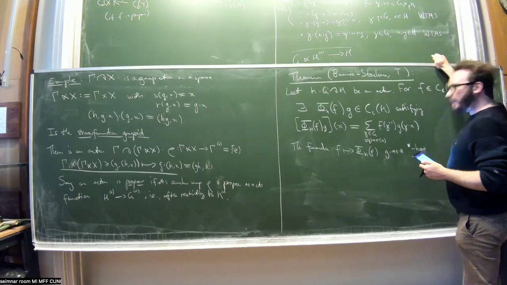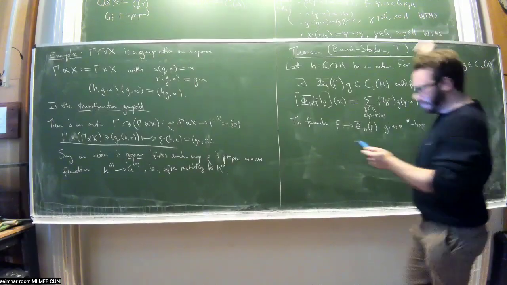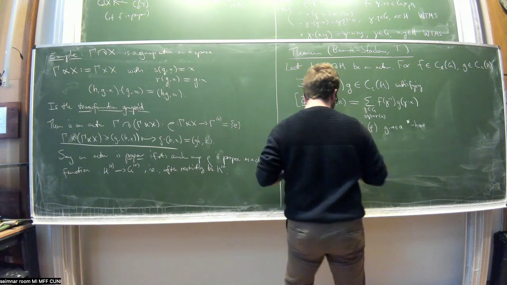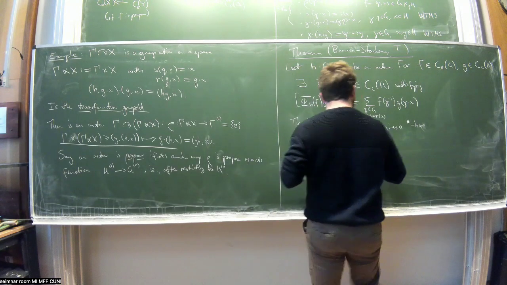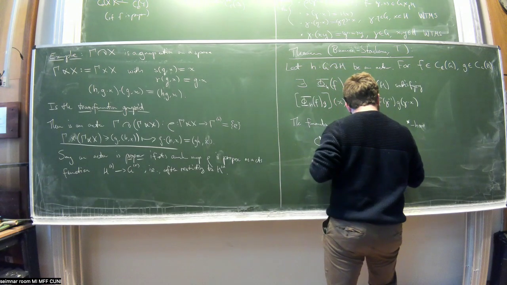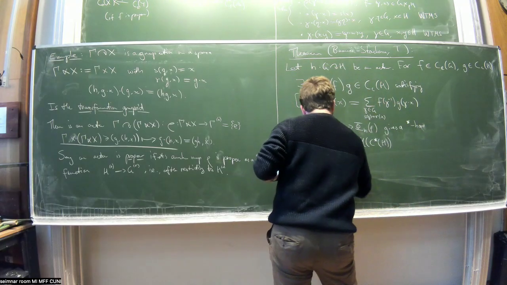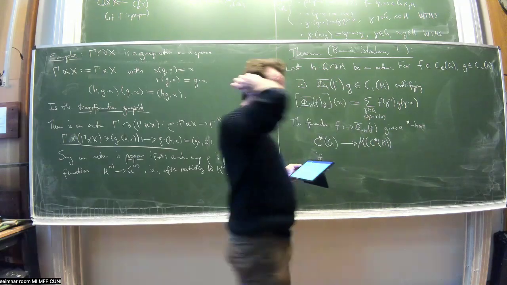Well, I have to be slightly careful here. From the C star algebra associated to G to the multipliers on the C star algebra associated to H. Those are full.